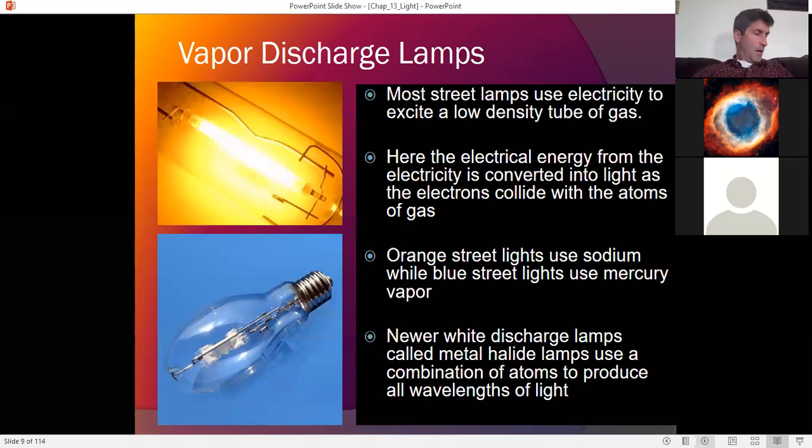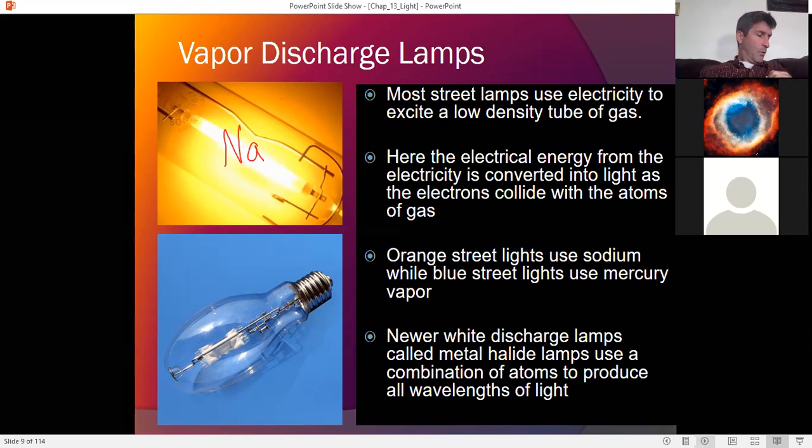Here are some examples of vapor discharge lamps. These are very efficient lights. This is a sodium light at the top. I wrote Na because that's the chemical symbol for sodium.